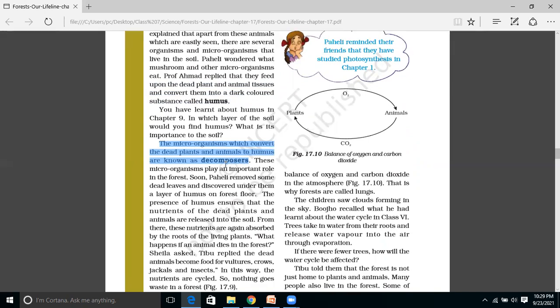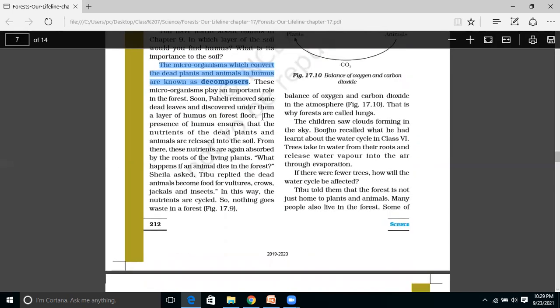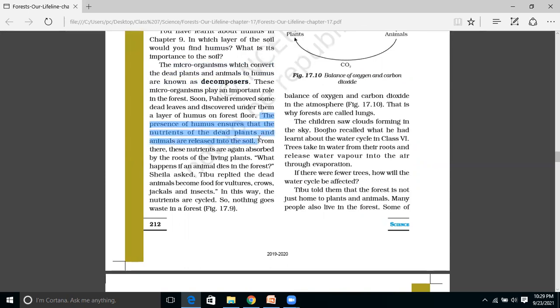Now, what is the importance of this humus? The presence of humus ensures that the nutrients of the dead plants and animals are released into the soil. It is like providing nutrition to the soil, just like in the case of manure. So the nutrients are absorbed by the roots of the plant.